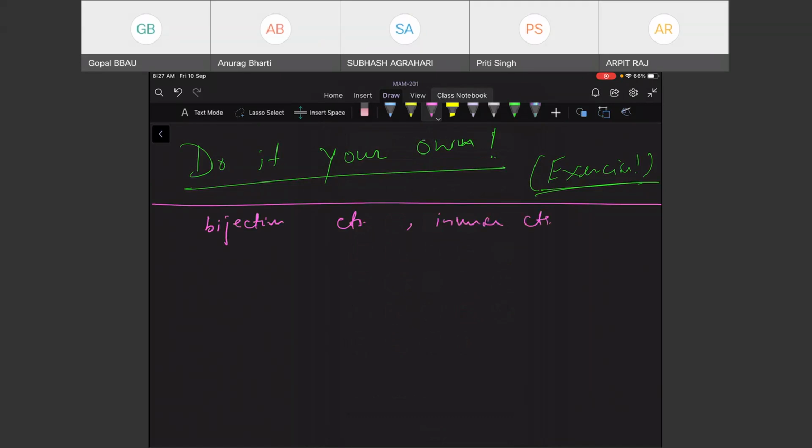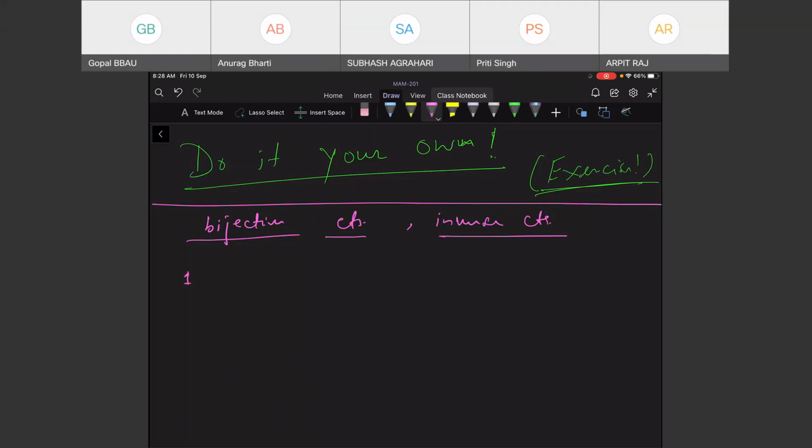Is there any relation between these things? When we talk about inverse continuous, this means it is bijective. Whenever we talk about inverse, this means the function is bijective. Then only we can say a function is invertible. If a function is not bijective, then it cannot be invertible.